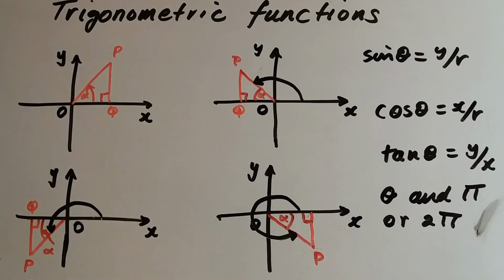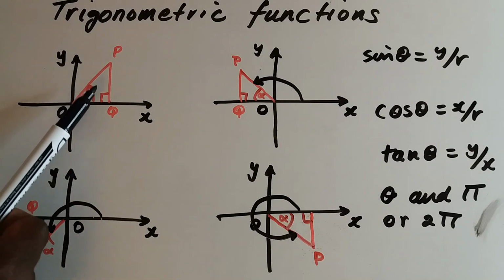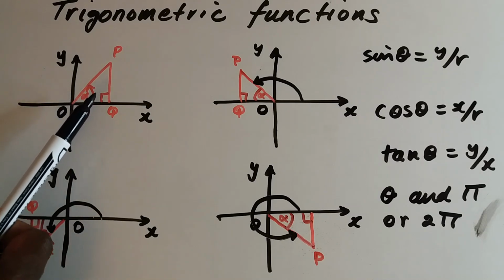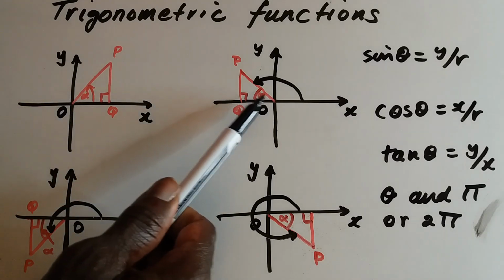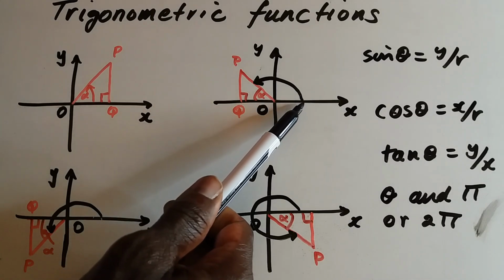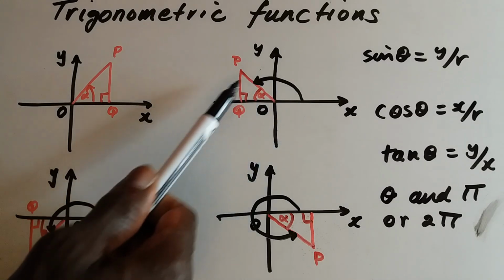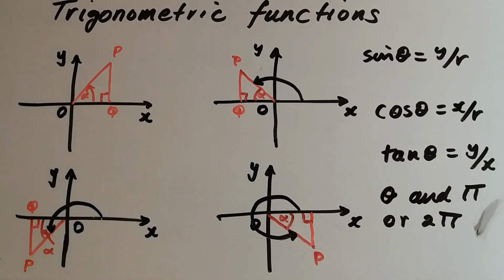We also noted that theta is the angle which OP has rotated. So theta is always the angle by which OP is rotated. Here it has been rotated from the positive x-axis to this point, and so on.